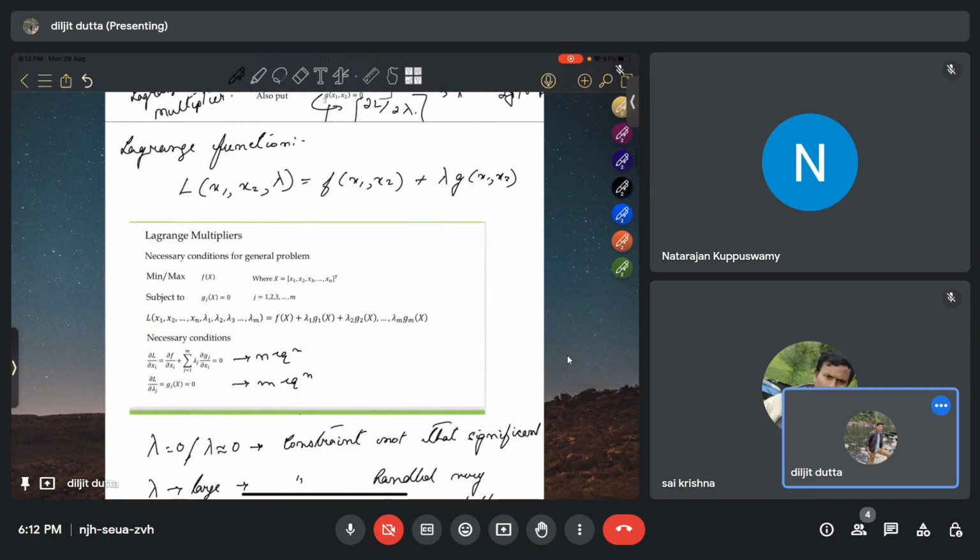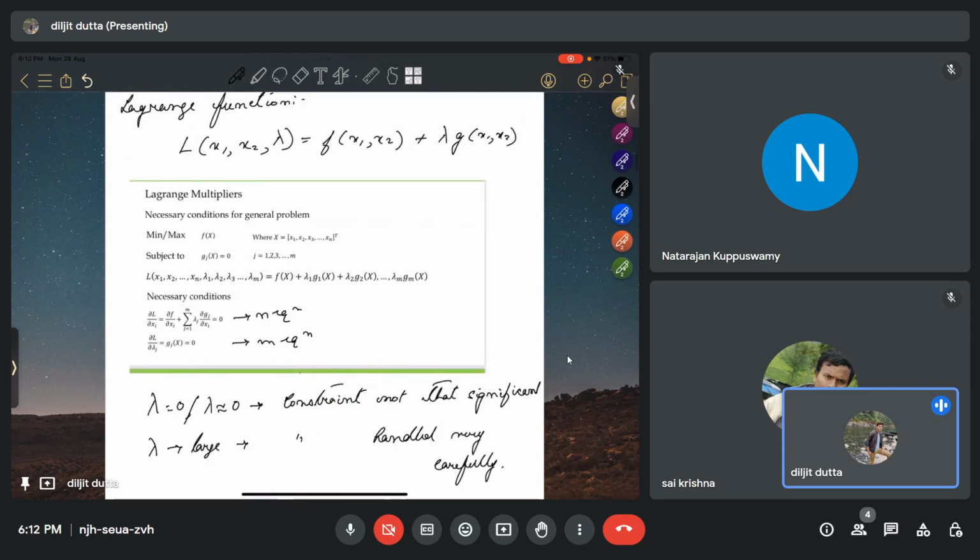Now, what is the method for solving this multivariate optimization problem using Lagrange multipliers? This is the problem formulation: a problem with n variables and m constraints.